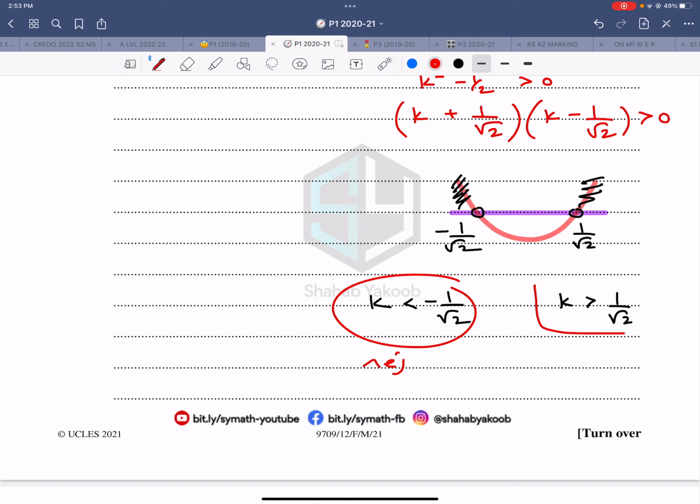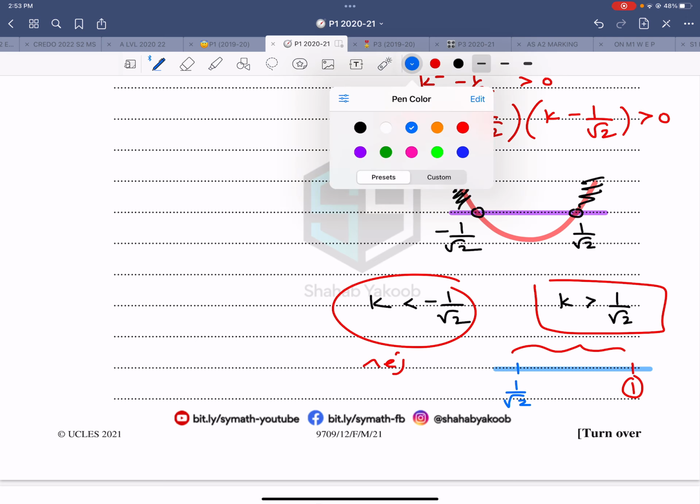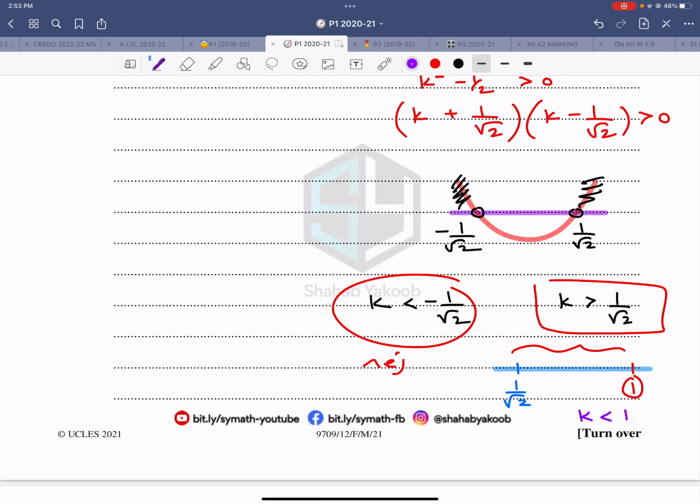This is there, but till what? 1 over root 2 in calculator is 0.7071. That means if I draw a number line, k is greater than 1 over root 2, but the limiting value is 1 also. It has to be less than 1. So therefore, the final answer is k lies between 1 over root 2 and 1.